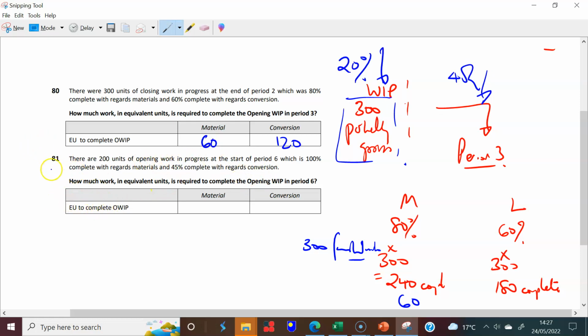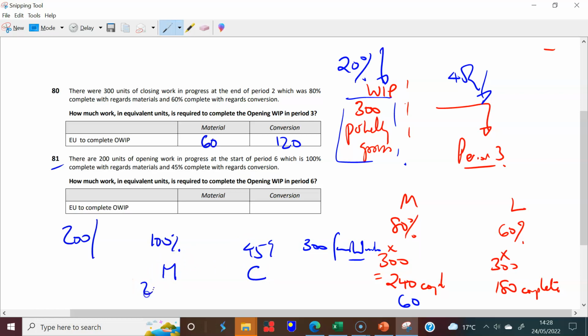So they're telling us here that you have 200 units of opening work in progress at the start of period 6, which are 100% complete with regards to material, and 45% complete with regards to conversion, right?